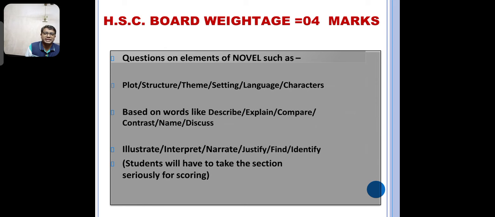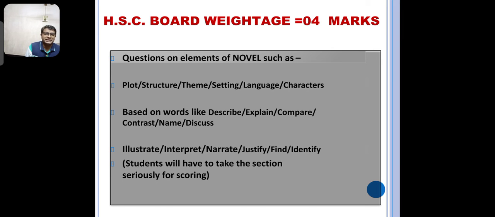The nature of activities in this section is different from the activities prescribed in our prose section, particularly the first section. Here we have questions on the novel, with no prescribed extract.